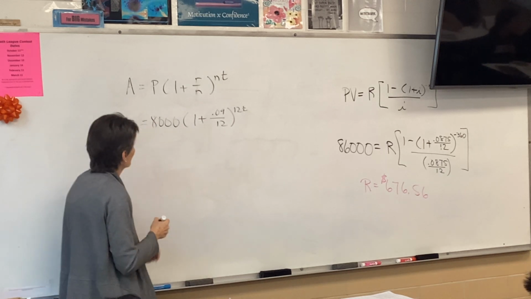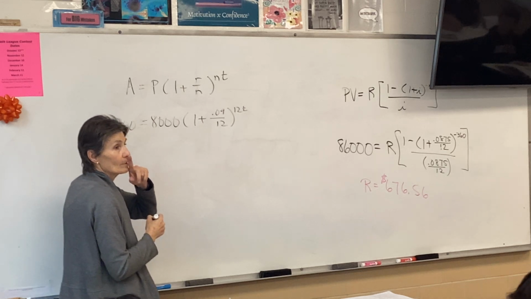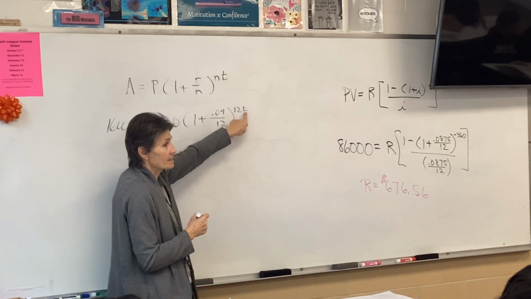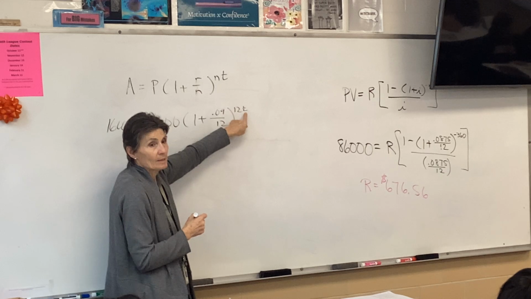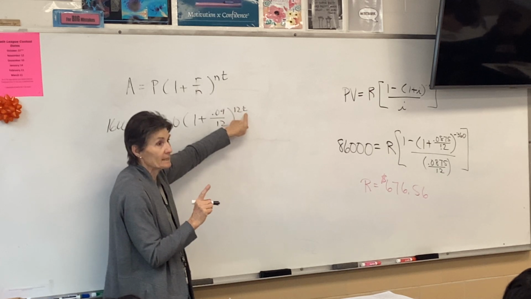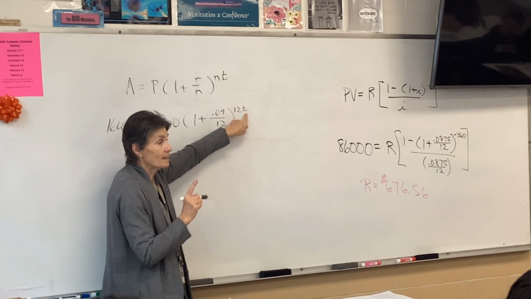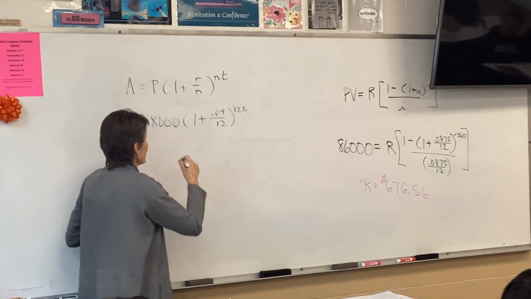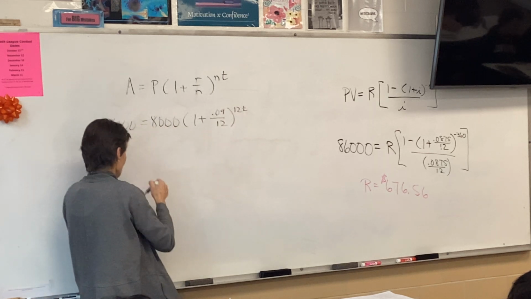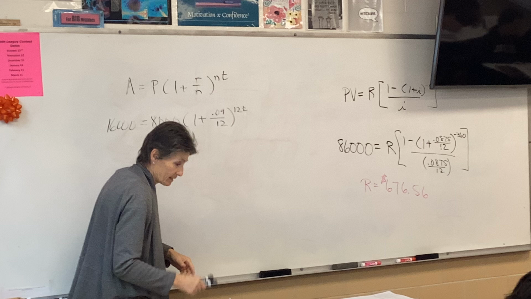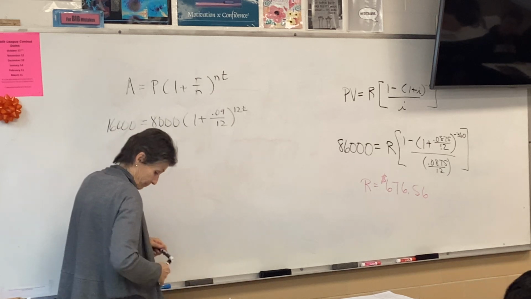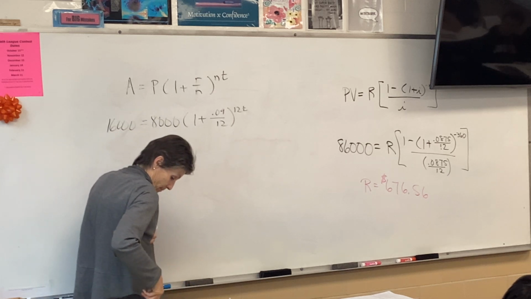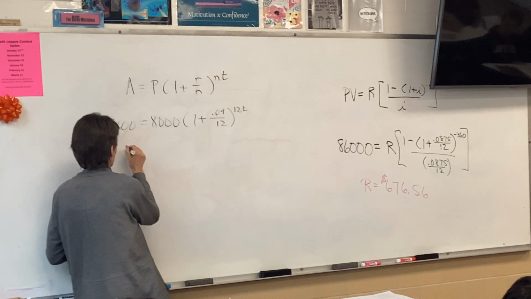Okay? So, uh-oh. See where my variable is? Yeah. That means I will eventually need logarithms. Not yet, because the first thing I have to do is divide by 8,000. So let's divide by 8,000.